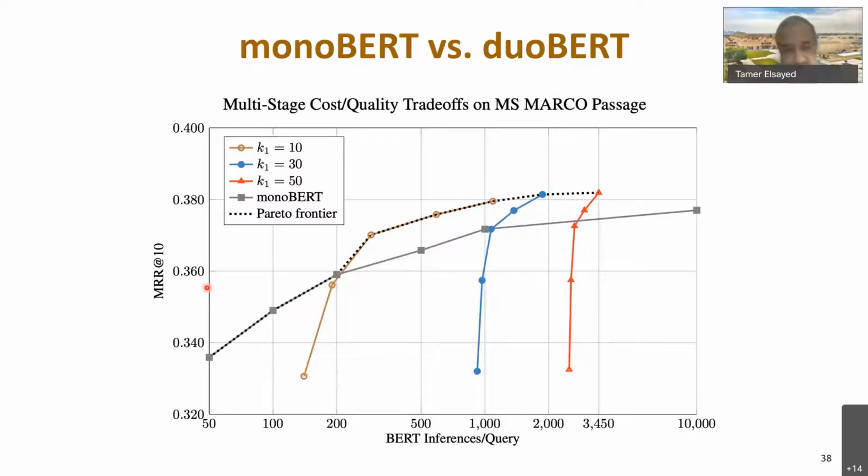I'm sorry that I don't have the pen with me today. So that's the difference, like this part. And when we go to 200, if we used MonoBERT for 200, still DuoBERT is taking only 10. Then the improvement will be from this one to this one.